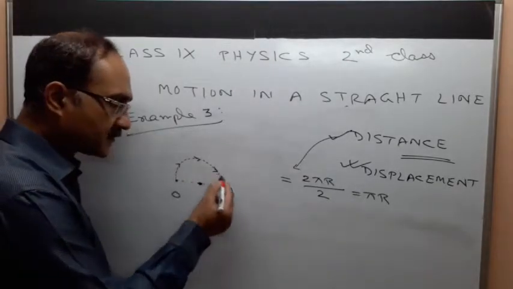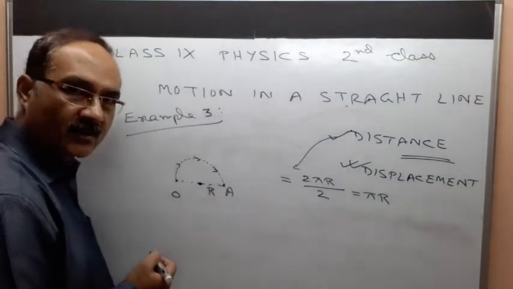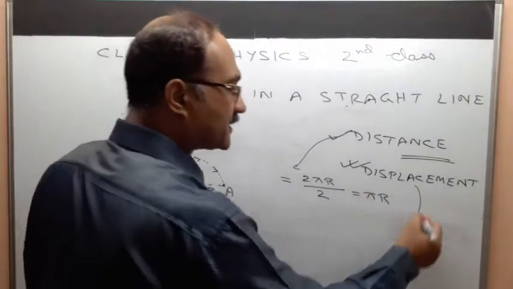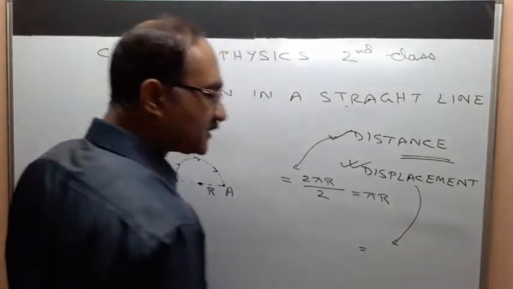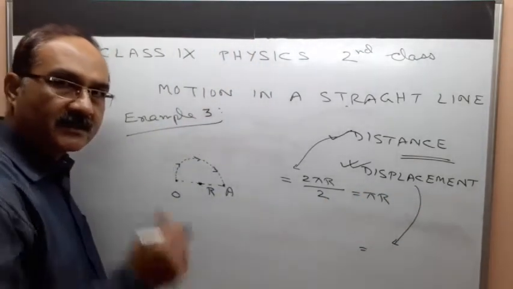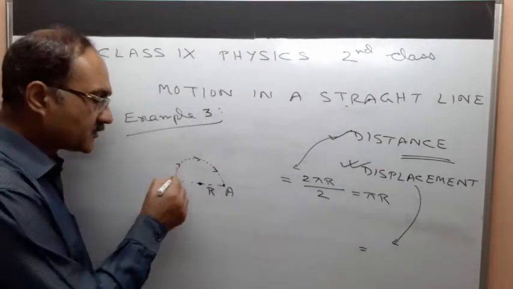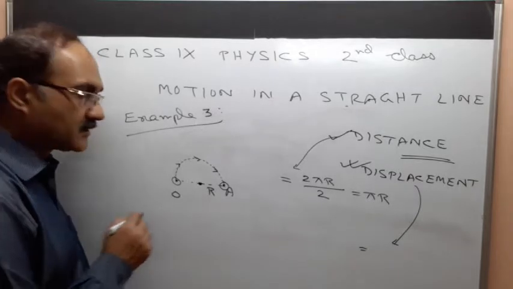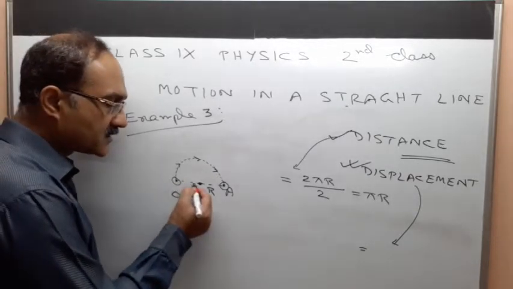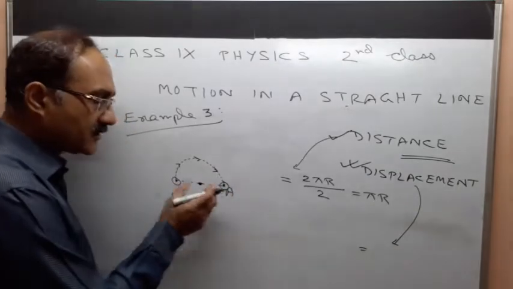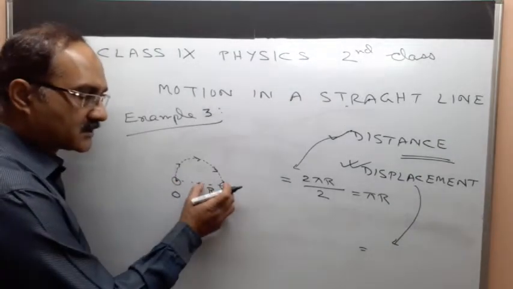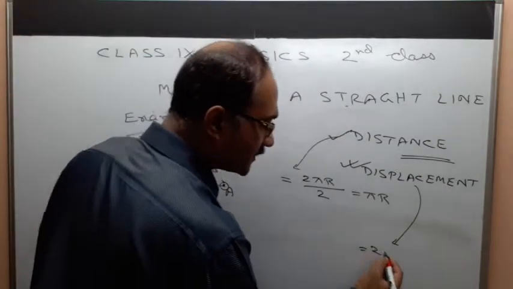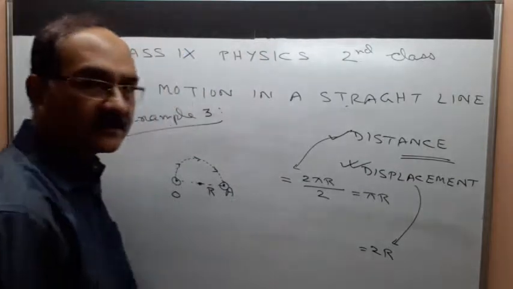Length of this part. Okay? And the displacement will be equal to distance between the initial position and the final position, the shortest distance. Shortest distance is along the radius. So this is r plus this is r. So displacement will be twice r.